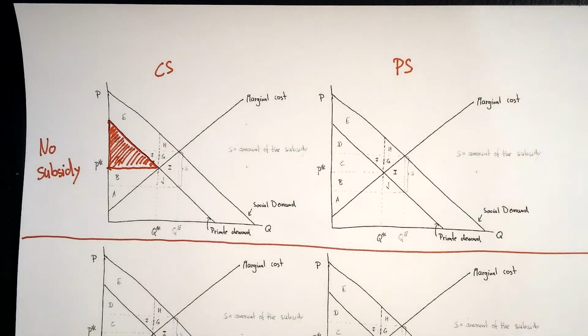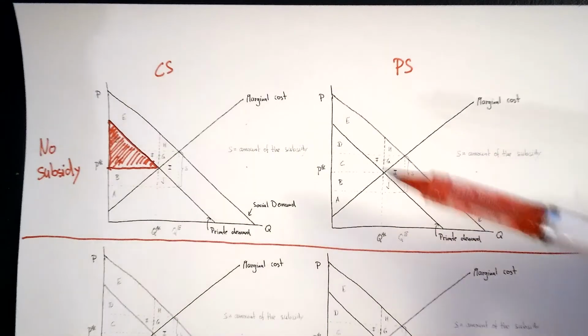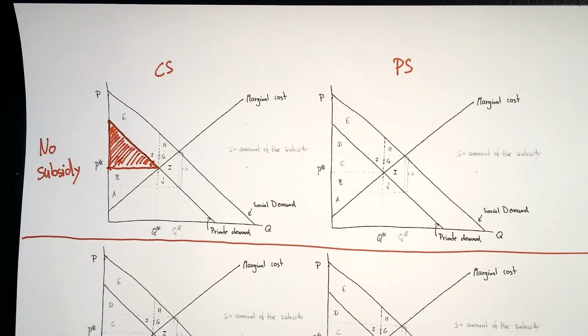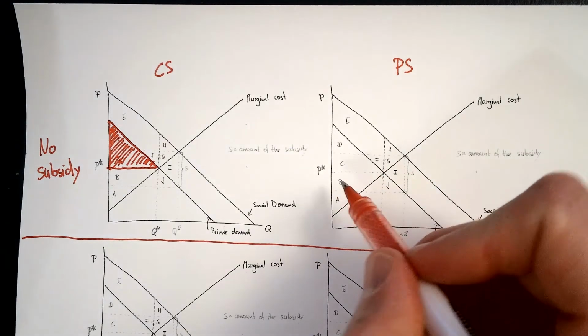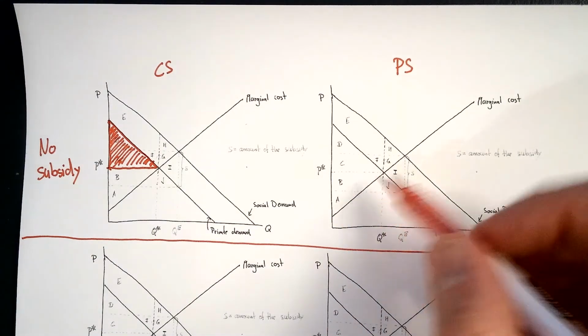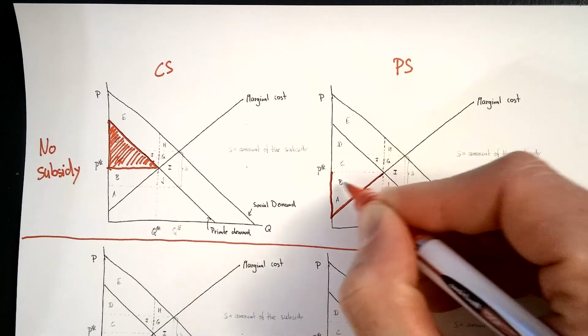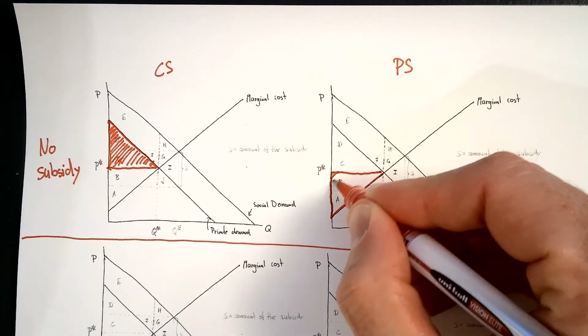The producer surplus, as before, is everything below the equilibrium price, so it would be this triangle here.